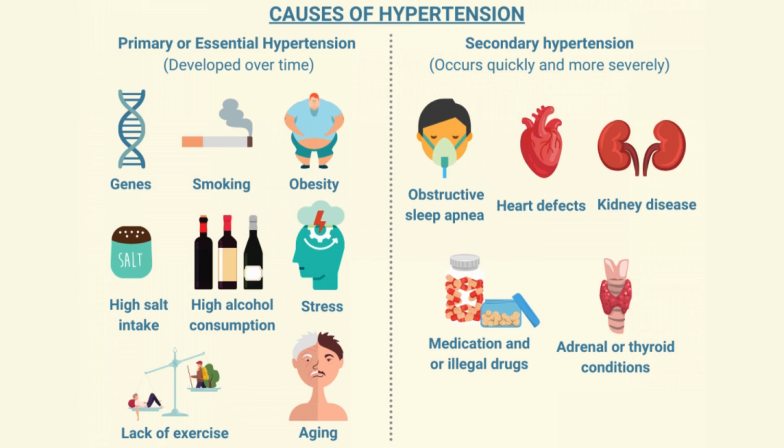That is age. Elevation of blood pressure is present in approximately 50% of people over 65 years of age. So age is one of the factors increasing hypertension. Next, family history. Family history means family members may also have hypertension, so it is also one of the factors.